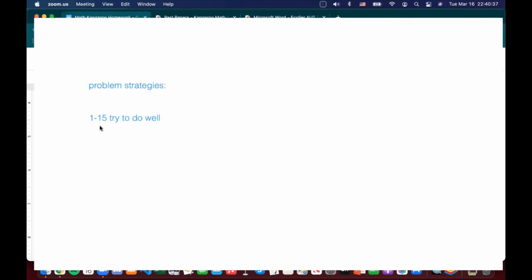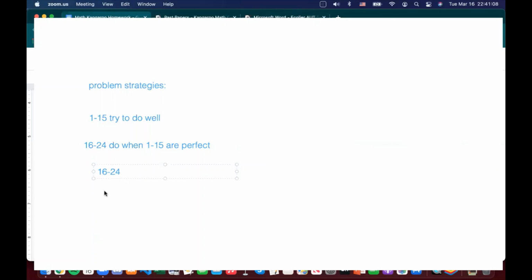Do these well because they're pretty important, and if you get one wrong, that could take points off your score. So shoot for everything is perfect and correct, and always check your questions. Then 16 to 24. Do when 1 to 15 are perfect. You want 1 to 15 to be perfect, as I said before, and once you've checked or even double checked them, go on to 16 to 24.